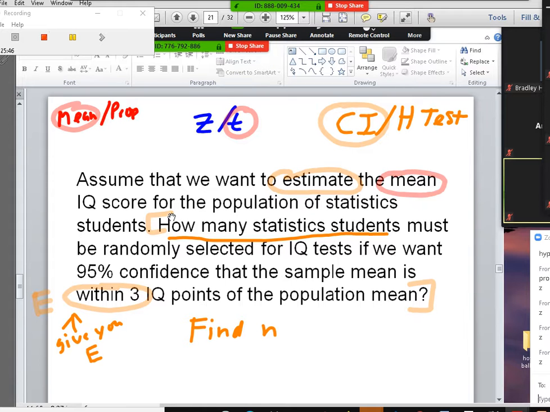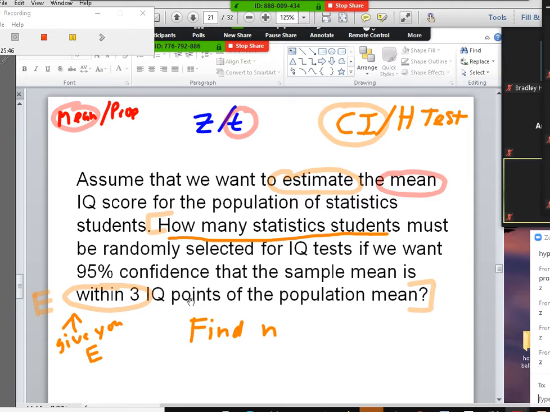My question is this: how many students must be randomly selected if we want to be 95% confident that the sample mean is within 3 IQ points of the population mean? So this is a how many students? How big should my n be? This is a find n problem. All right, so when you have a confidence interval estimate with a question, that is almost certainly a find n problem.